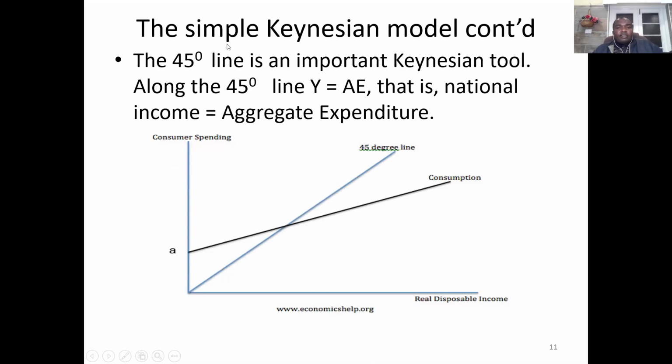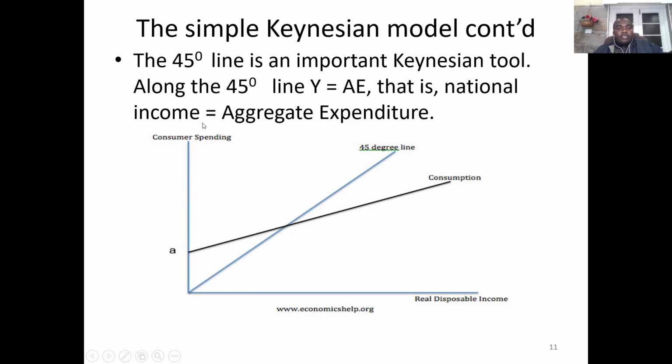So graphically, to outline an exposition of the simple Keynesian model, we introduce a tool which is known as the 45 degrees line, which bisects our positive quadrant, where we do much of our reasoning when we are presenting the simple Keynesian model.